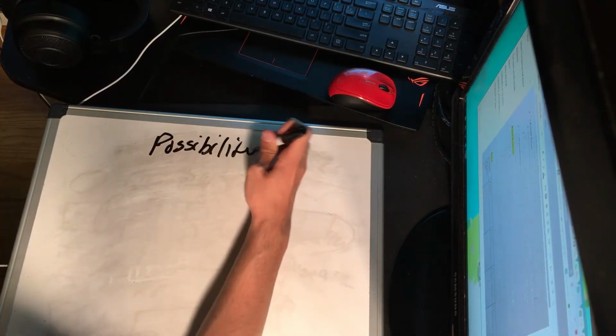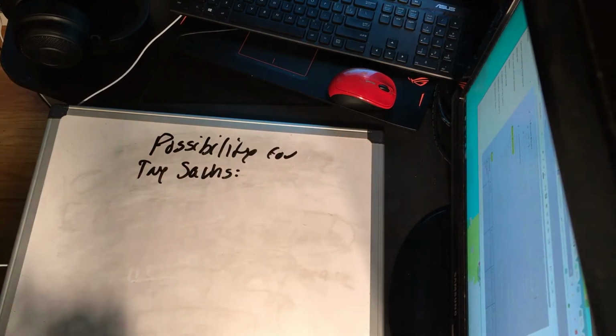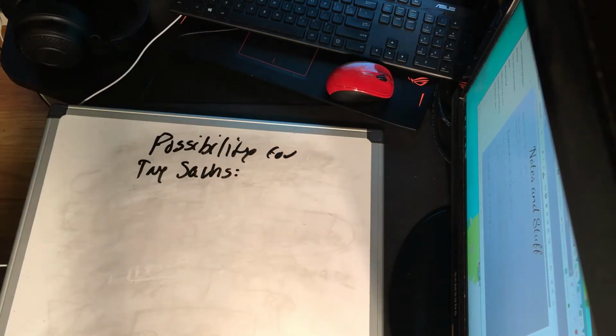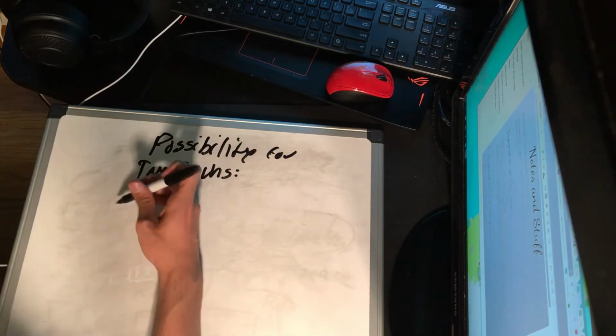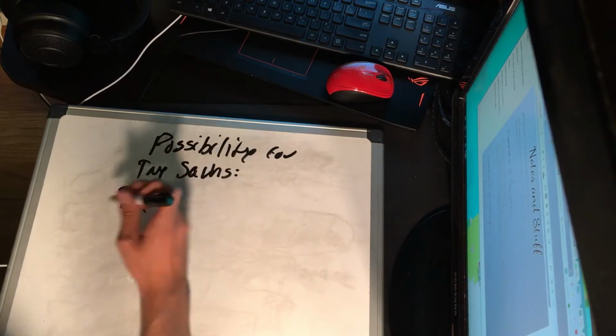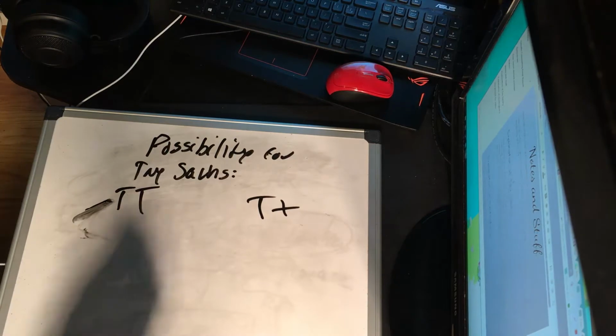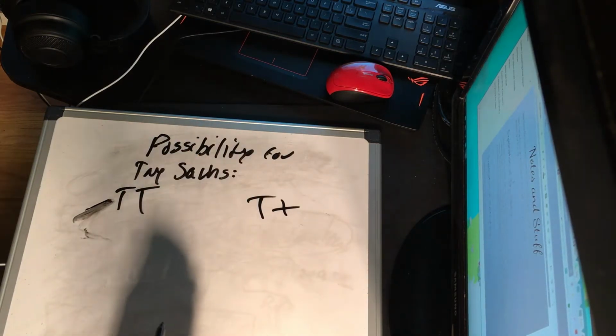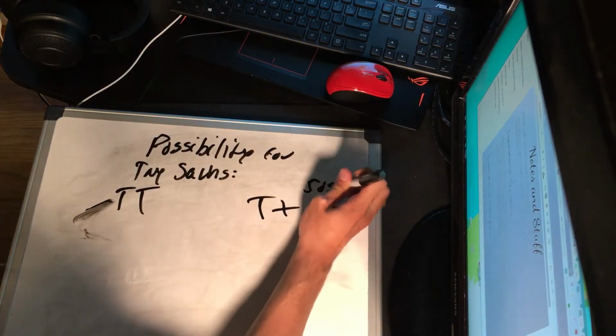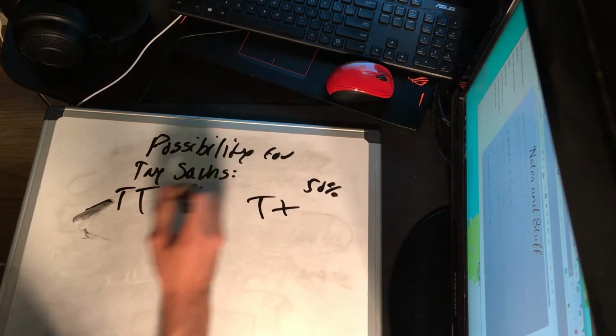Alright, so next we're going to be finding out the genotype for the child. So Marc can either be homozygous dominant or heterozygous, because he has to be healthy. There's a 50% chance for this, and a 25% chance for this.